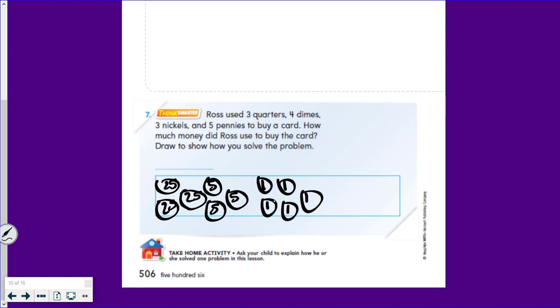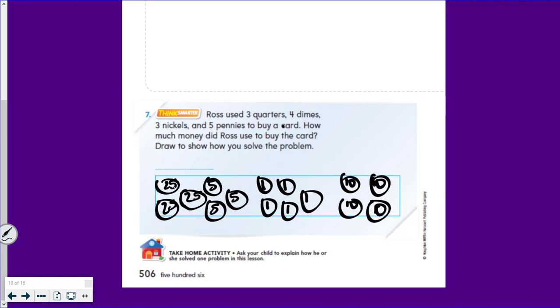I feel like I'm missing something. Oh, yeah, I forgot the 4 dimes. Hold on. So 10, 10, 10, 10. Do we have it right now? 3 quarters, 4 dimes, 3 nickels, and 5 pennies. Yes. Okay, so let's start over.